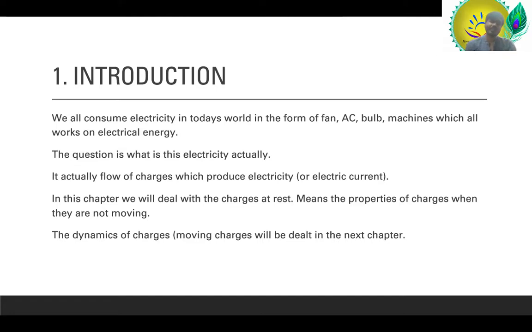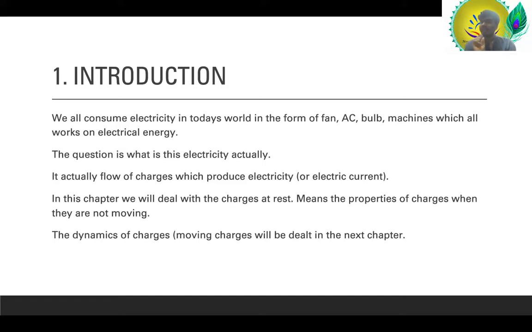If we say the fan is using electricity, what does it actually mean? It means flow of charges, to be precise, flow of electrons. We defined it in our last class. The wires you see actually carry electrons, and when those electrons move, they produce a phenomenon known as electricity.